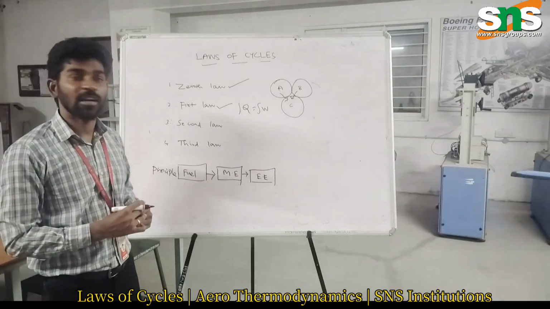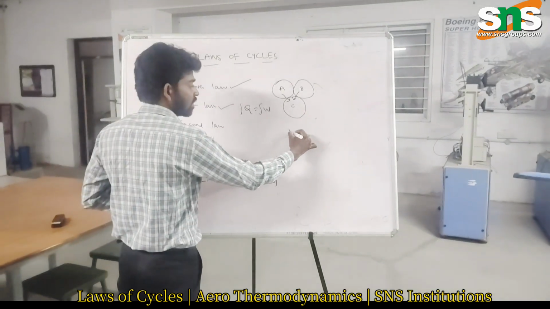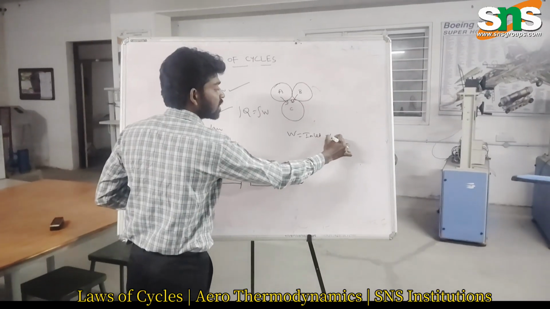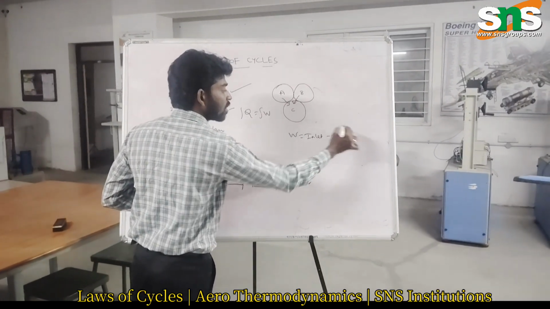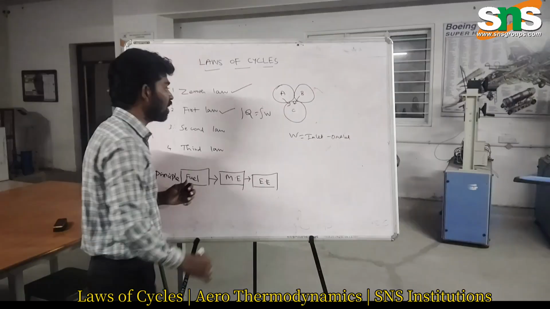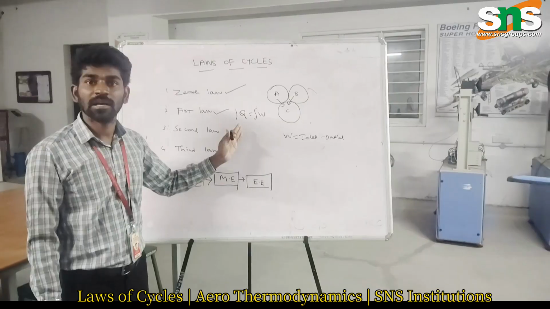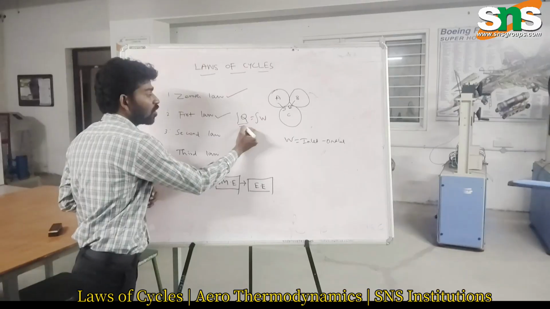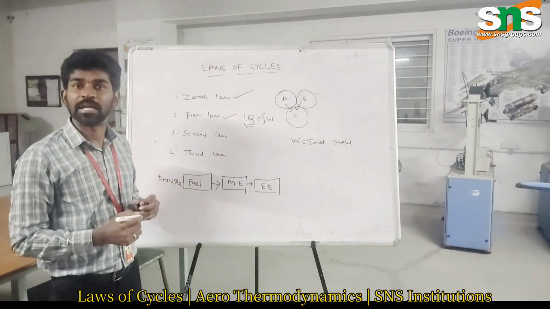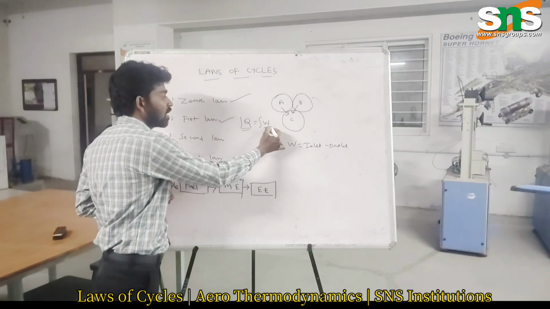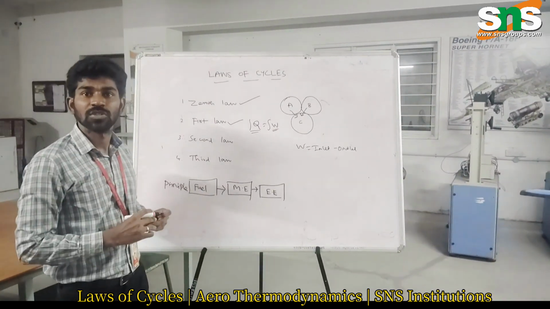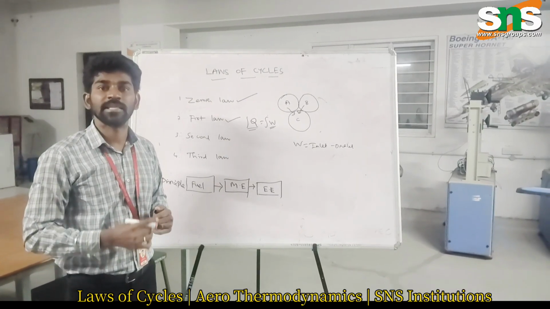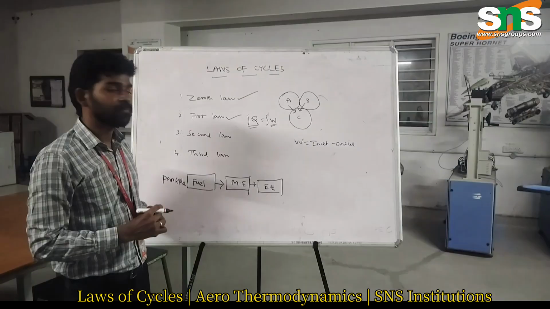Basically, work done is inlet minus outlet. Here Q is the total heat transfer and W is the total work done. So the first law says that the net heat transfer is equivalent to the net work done.